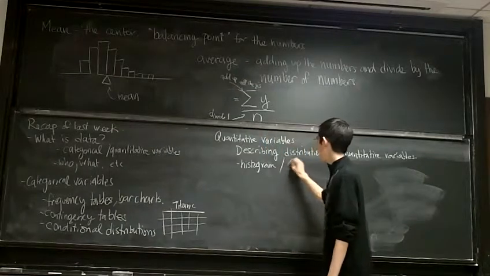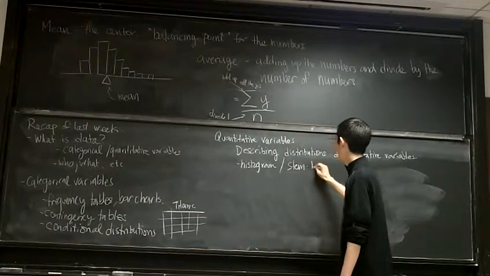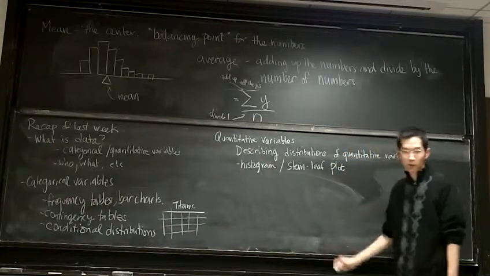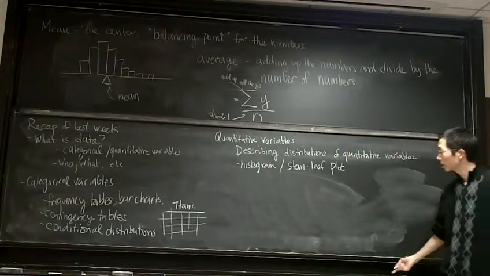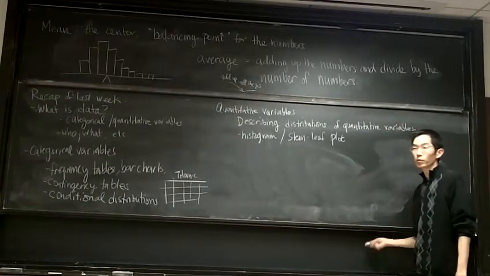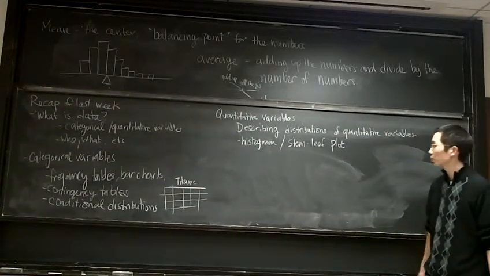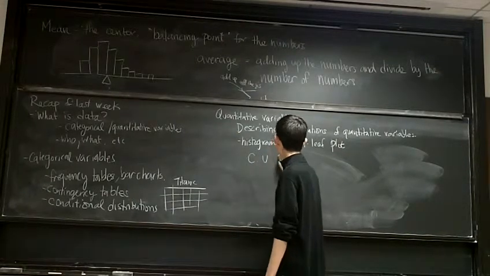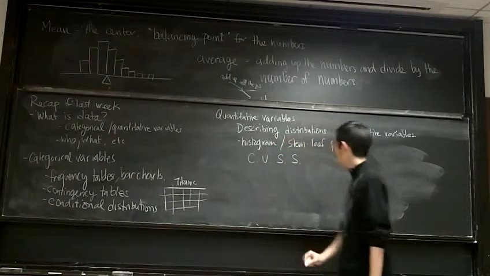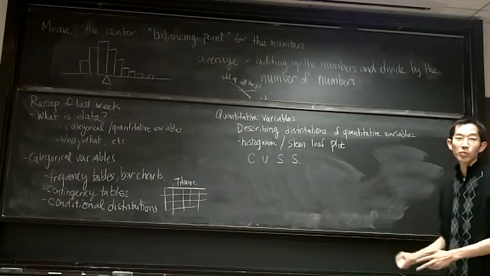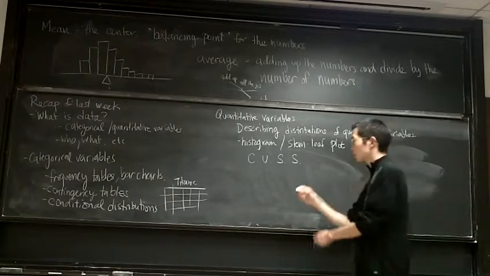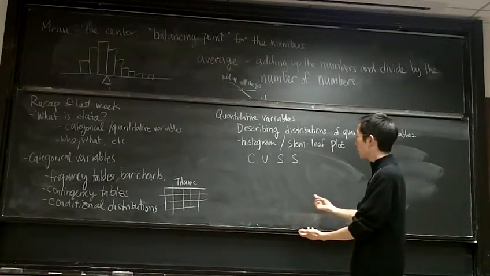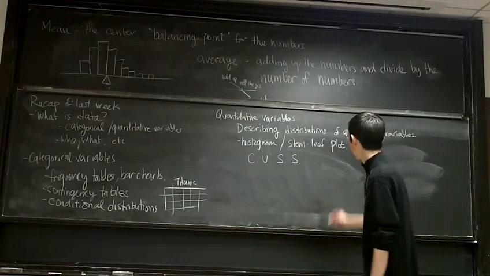We also learned the stem and leaf plot, very closely related to the histogram. And when we talked about describing distributions, I gave you this acronym of CUSS, and we talked about a few of them, but not everything. Today we'll finish up the remaining items in CUSS.